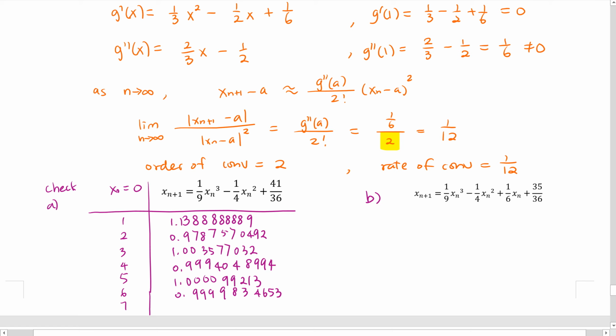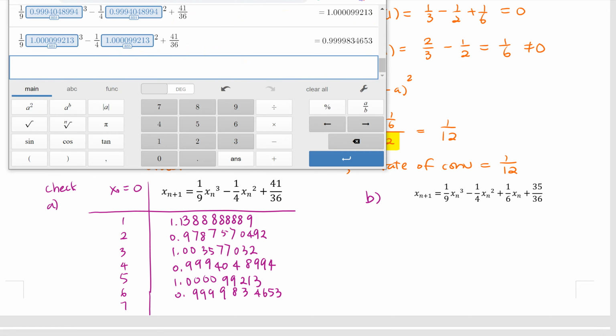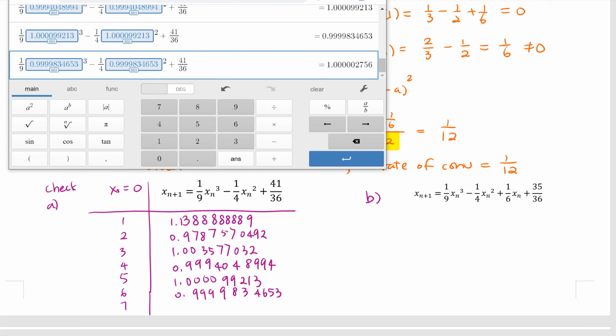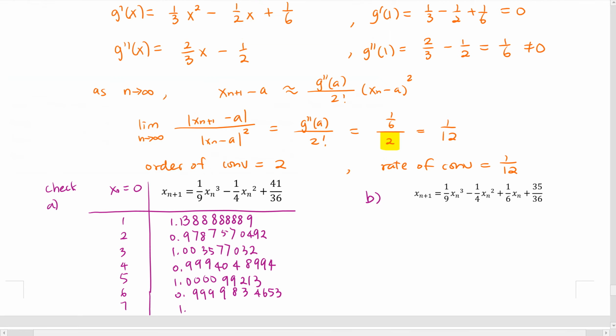And then, okay, let's do this last one. 1.000002756. See, it converges, and we get linear convergence.